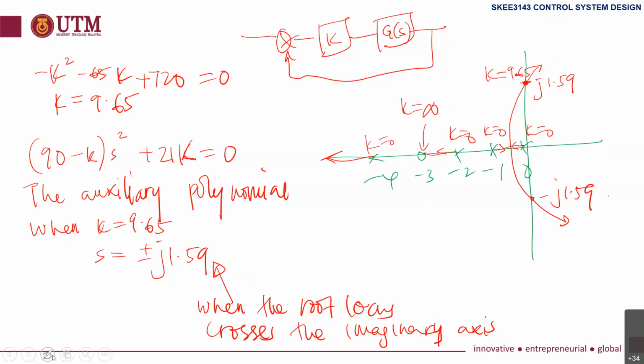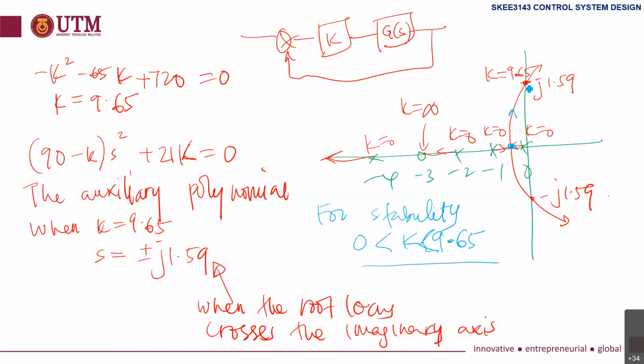Therefore, for stability, K is between 0 and 9.65. When K is 0 it is still stable, K at the breakaway point is also stable, and it increases toward the right half plane.